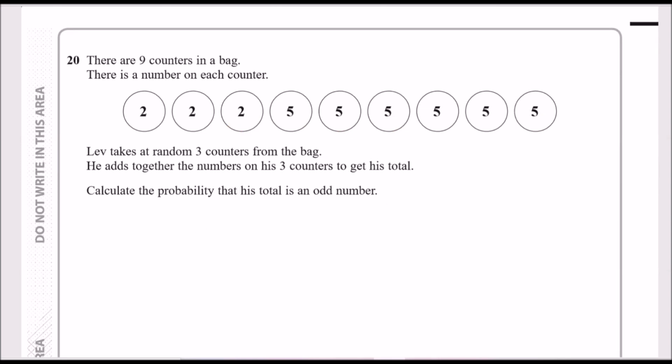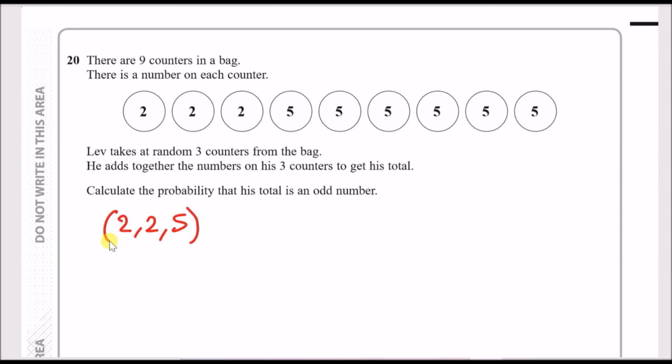Okay, so for these kinds of questions, let's just do what they say here, and pick 3 counters and see all possible combinations to get odd, yeah? Now, if I just start from the top, to get an odd number, we should always pick 2 evens and an odd. Or 2 odds and an even. I think. Nope. 2 evens and an odd. So, for example, our combinations could be, you get 2, another 2, and that makes 4, and a 5, and that makes 9.